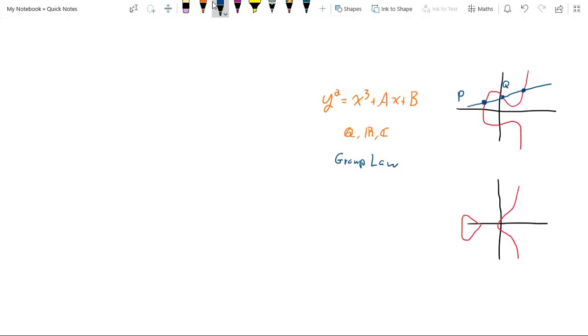Then instead of taking that point, we're going to reflect across the x-axis, and we're going to call this third point R. When this happens, we define the group law P plus Q on this curve to be the point R.